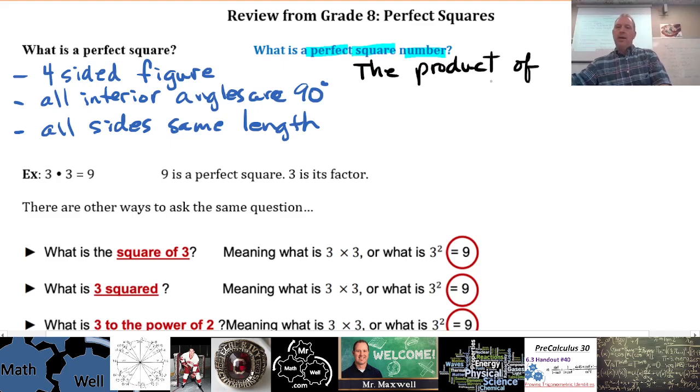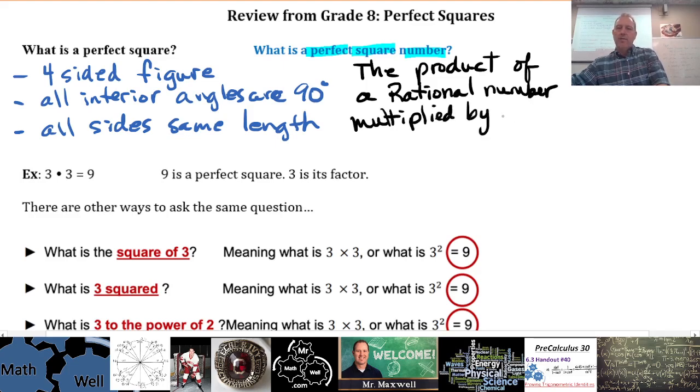Now we're going to be pretty detailed with this definition, so I'm going to say a rational number multiplied by itself.